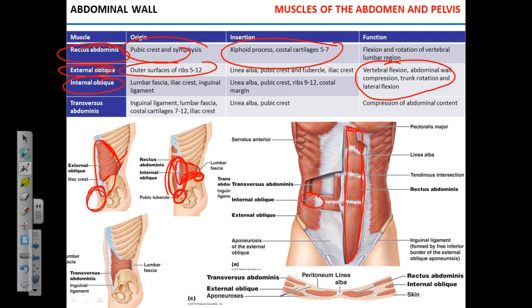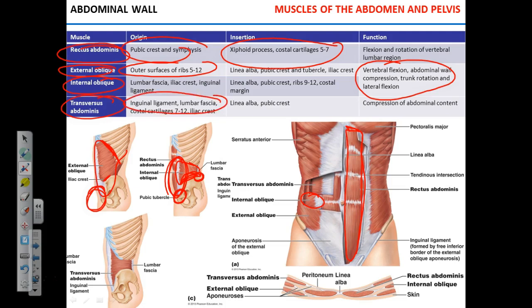And the 4th muscle is Transversus abdominis. If you remove the anterior portion of Arnold, you can see Transversus abdominis running inside, number 143. Its main function is the compression of abdominal content.